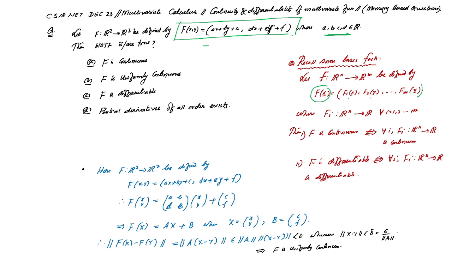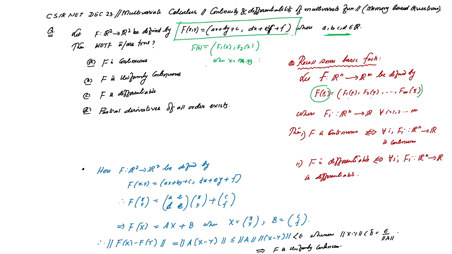So here you can write F(x) = (f1(x), f2(x)), where x is basically (x, y).